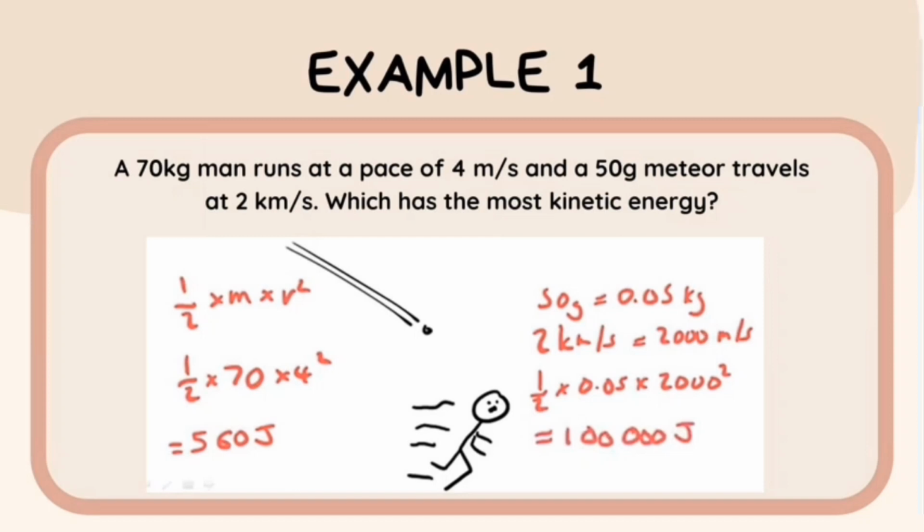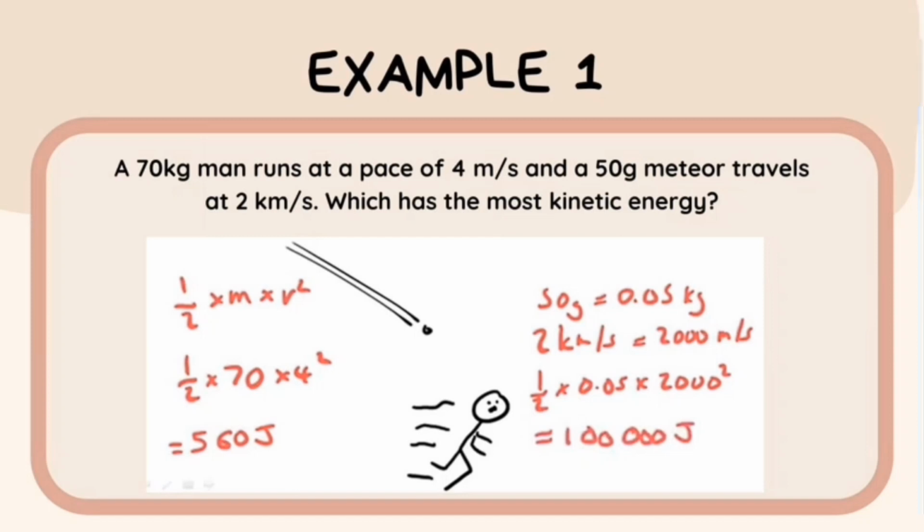In this question, they gave us mass in grams and velocity in kilometers per second. So we need to change grams into kilograms and kilometers per second into meters per second. So 50 grams equals 0.05 kilograms and 2 kilometers per second equals 2000 meters per second.